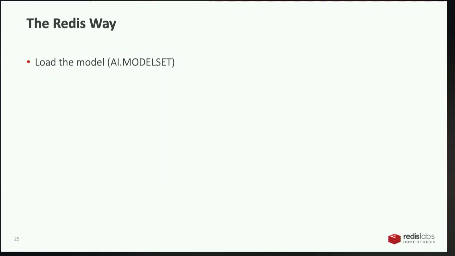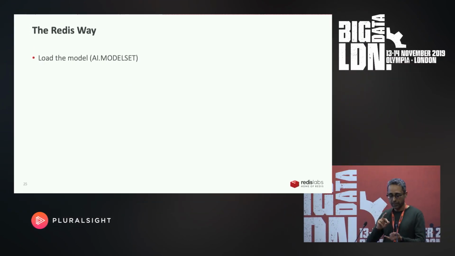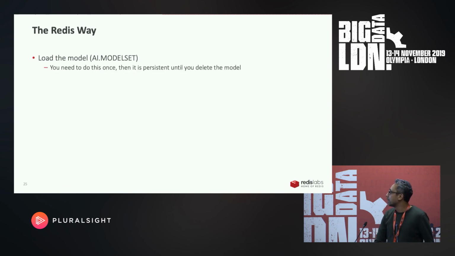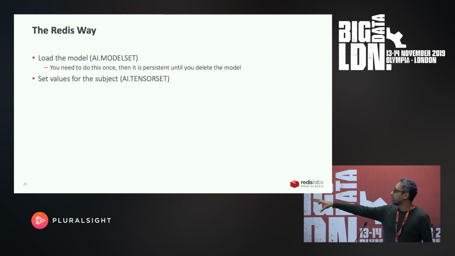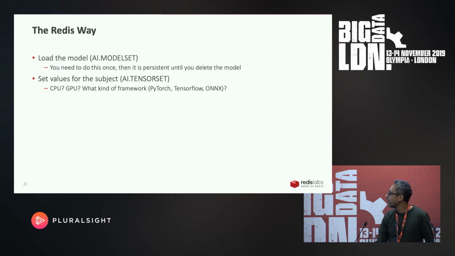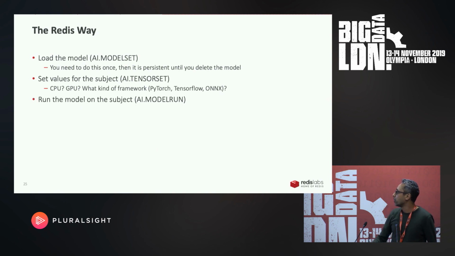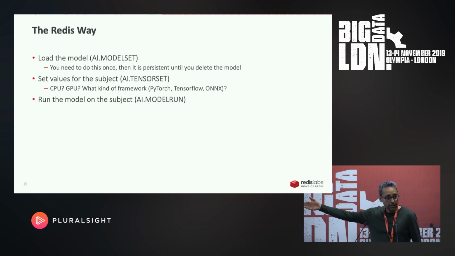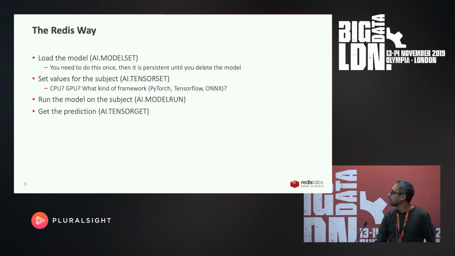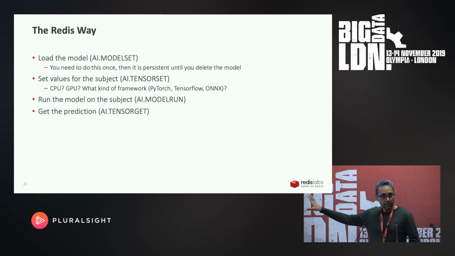At the back end, we are supporting PyTorch, TensorFlow, and also ONNX Runtime. Once you have loaded that model, it's automatically persisted on the disk, and it is available. You can set the values for the input, and then all you need to do is execute your model and get the result back. That's it, and you have a scalable system available for that.